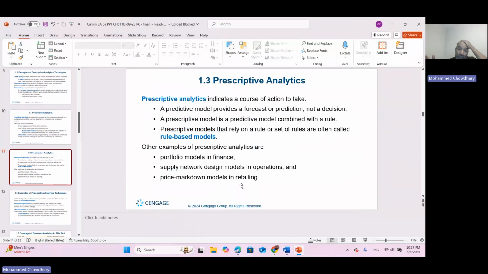Some of those are giving you positive return, some of them are giving you negative return. So in such cases, prescriptive analytics are the correct example. Supply network design model in operations. So this is another one. Supply network design models.